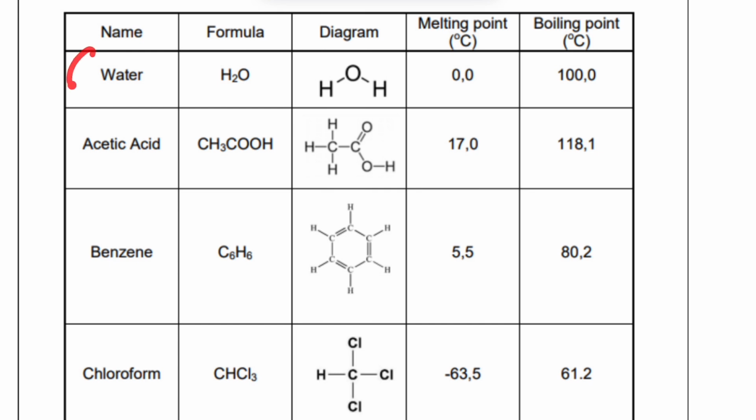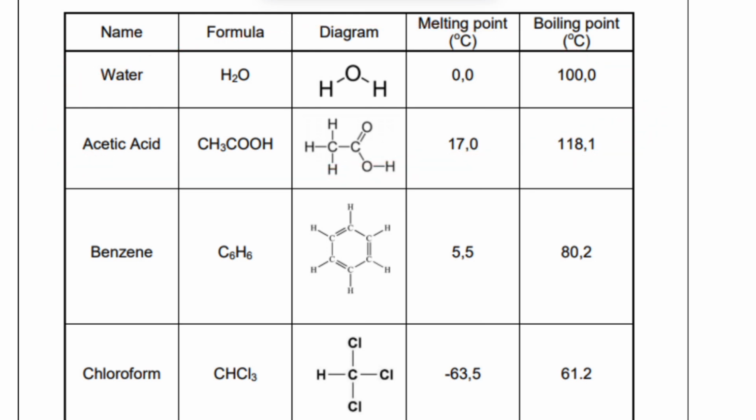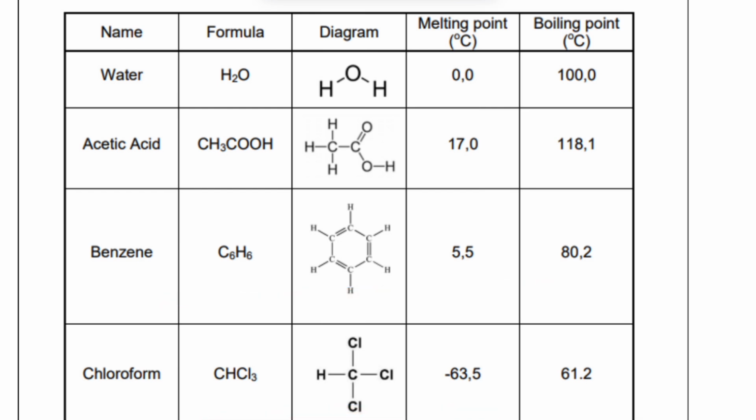If you compare these two, they have hydrogen bonding, and these two as well. But between these two, this one has London and this one has a dipole, but their boiling points tell us something different. The one with the highest melting point is this one.